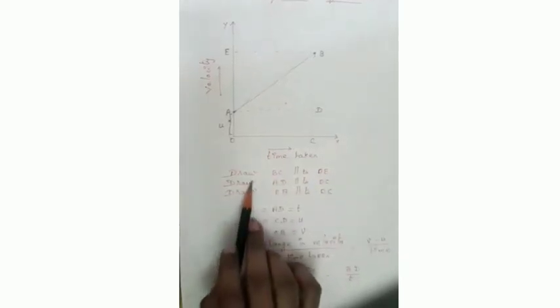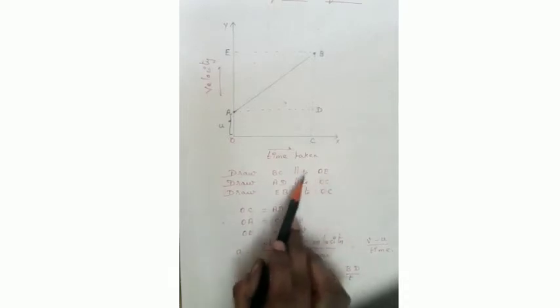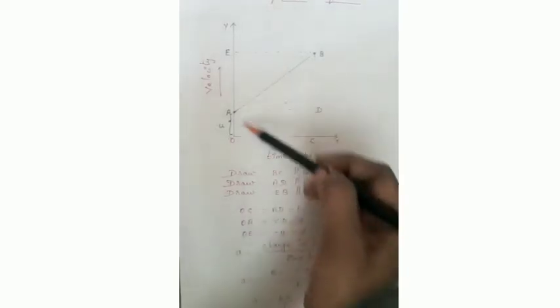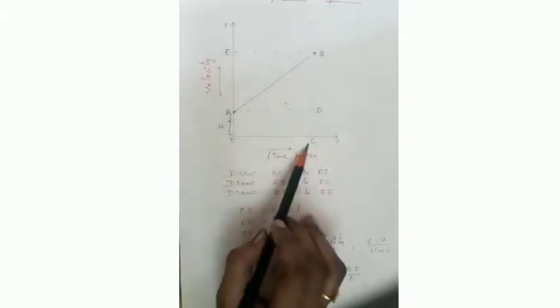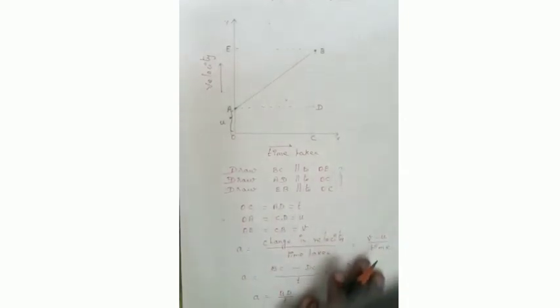See what we have done. First we drew one parallel line towards AE. Secondly, we drew one more parallel line towards the x-axis, another parallel line EB towards OC. I have written the constructions here, as we also have to write them.